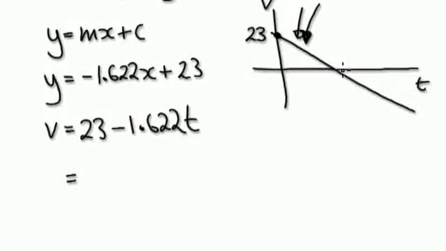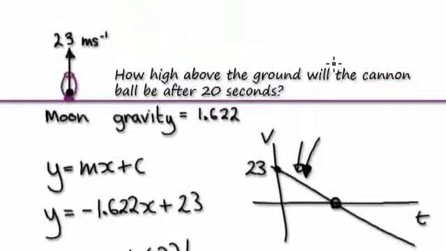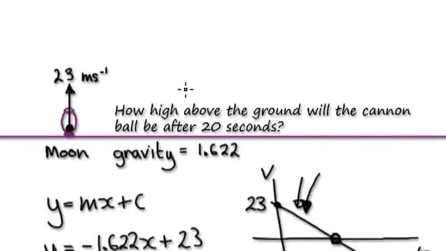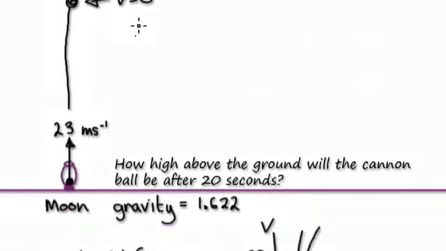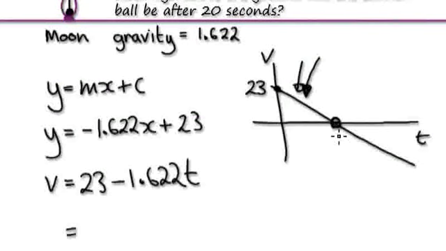Now we want to find out the time it takes to get to its maximum height. When you fire this, the cannonball will travel to its maximum height, where the velocity is 0. So put 0 into the velocity to find out the time.